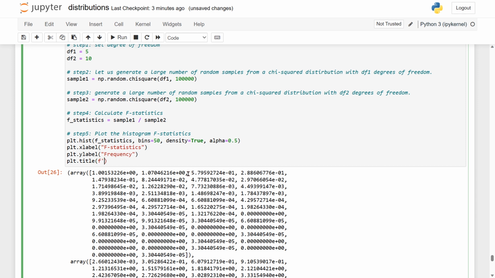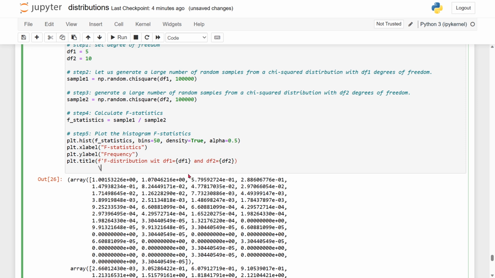I'll go with F distribution with df1 equal to df1 and df2 equal to df2. That's it, all done. Now it's time to just show it. Nothing else is left.